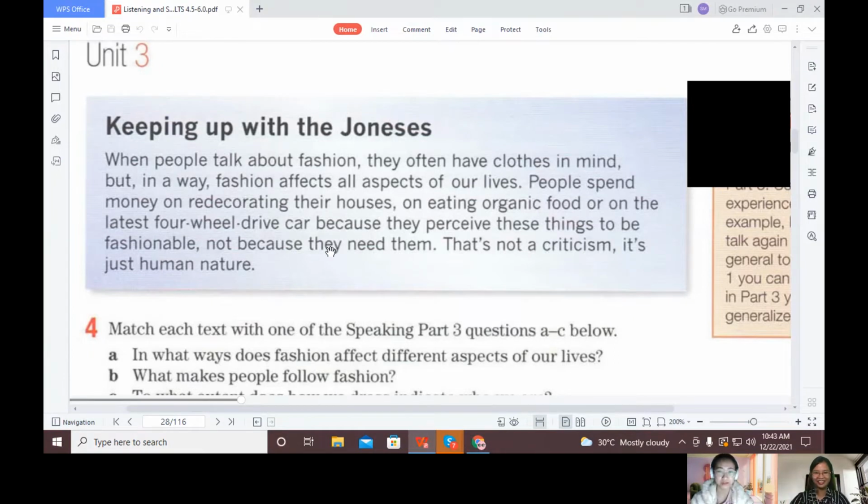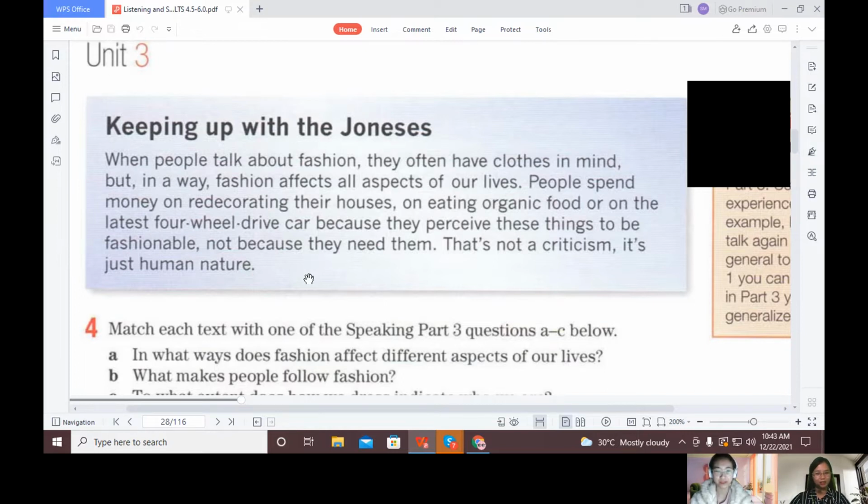For the latest four-wheel drive car, because they perceive this thing to be fashionable, not because they need them. That's not criticism. It's just human nature. Maybe this passage is true.